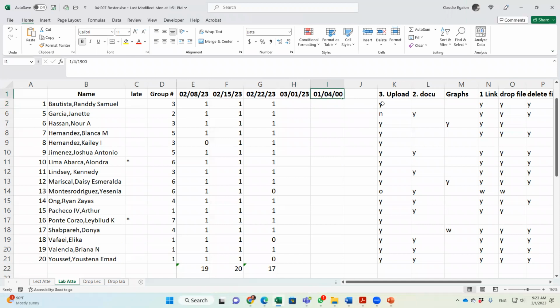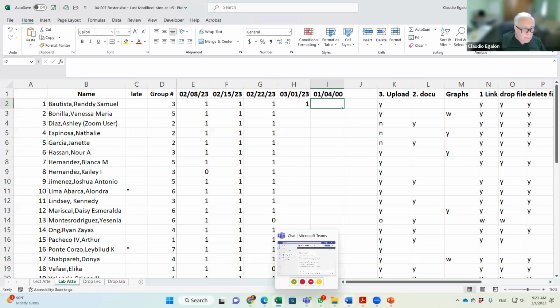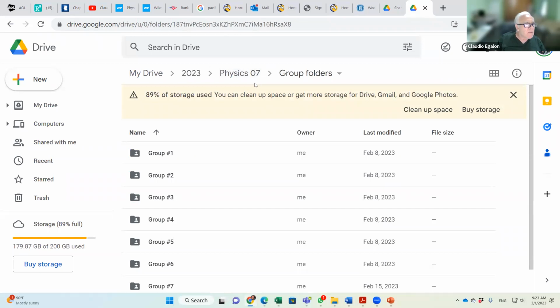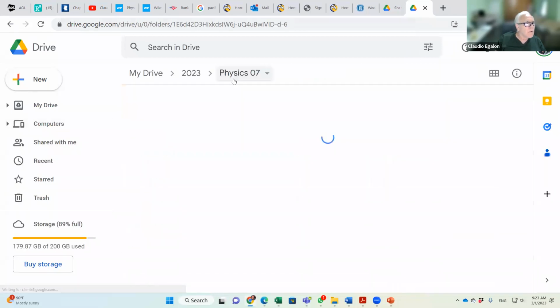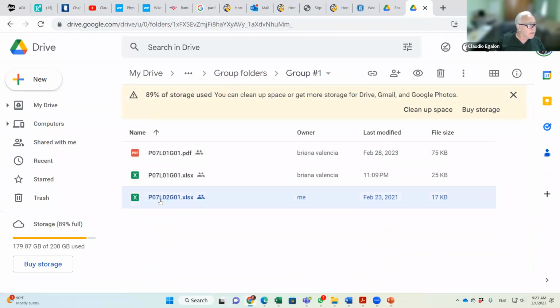Yeah, I'm here. Do you see the spreadsheet there in your group folder? No, I don't see it. What's going on here? Maybe I have to try something here. I'm going to refresh group folders. Okay, I see your spreadsheet there.